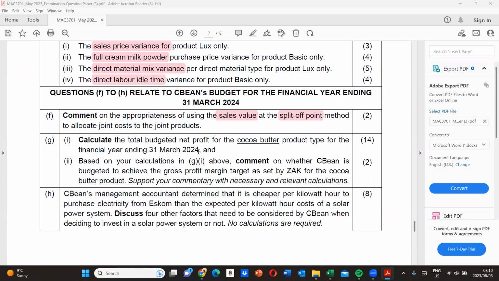Okay, all right. Then G1, calculate the total budgeted net profit for the cocoa butter product type for the financial year ending 31 March 2024. So in this case, they just want you to do the net profit. So questions like this, where they ask you to calculate budgeted net profit, my understanding and approach is, even if there is something that you might not be comfortable with, one thing remains, almost everyone knows the framework for the statement of profit and loss.